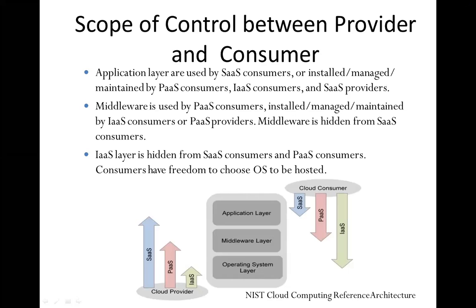The middleware layer is used by the PaaS consumer, installed, managed and maintained by the IaaS consumer or PaaS provider. Middleware is hidden from the SaaS consumer. The IaaS layer is hidden from the SaaS consumer and PaaS consumer.